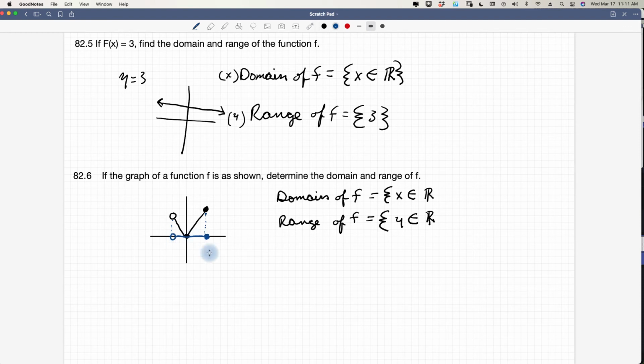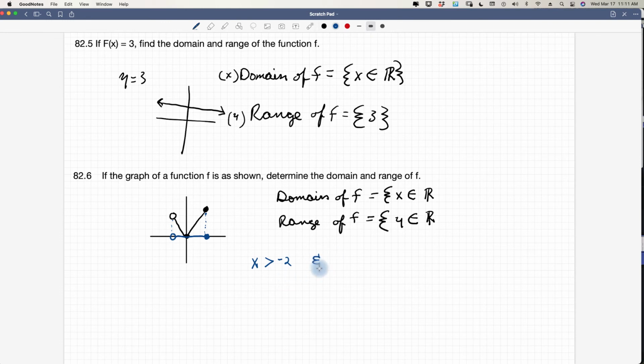This is a conjunction. So in this conjunction, x is greater than this circle right here. So x is greater than, and because the circle is open, there's no equal to. So it's just greater than -2, right?